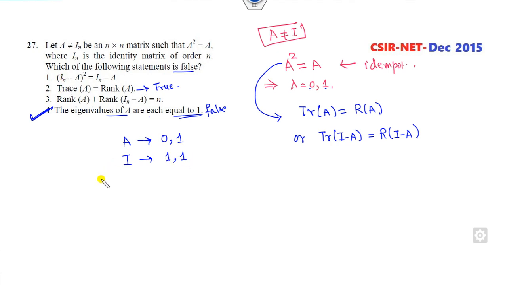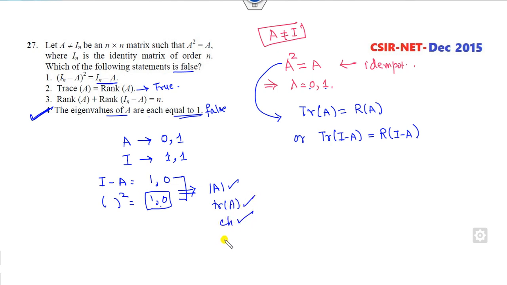What is the eigenvalue of I minus A? 1 minus 0, 1, 1 minus 1, 0. So the eigenvalues of I minus A are 1, 0. Both the eigenvalues are the same. It means the determinant is the same, trace is the same, characteristic polynomial same, minimal polynomial same. So this is my true statement, but we need a false statement.